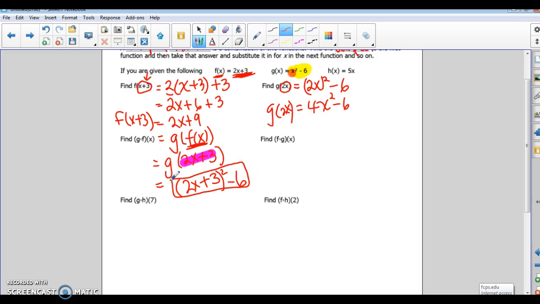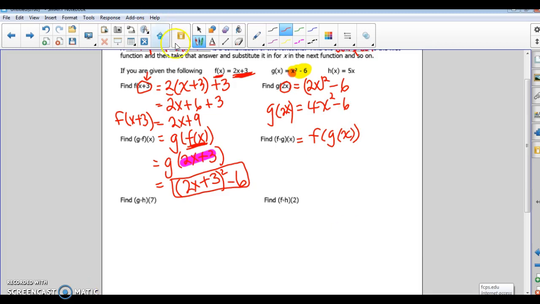Now, let's try another one. So, f of g of x. Okay? Now, we start from inside and out. So, we can't have two letters, so I'm going to replace g of x with something. What is g of x?